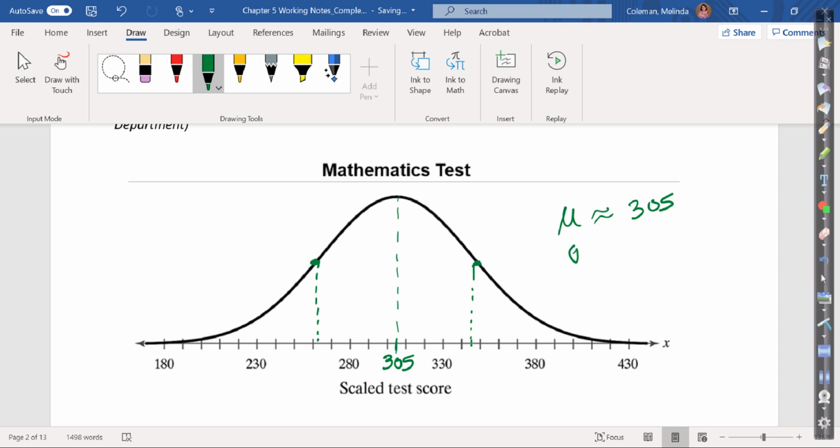So it looks like my standard deviation is approximately, say, 40: 10, 20, 30, 40. So it's approximately 40.